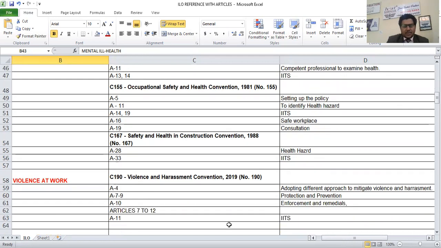Now, violence at work is C190, the Violence and Harassment Convention 2019. Article 4 is relevant to adopting a different approach to mitigate violence and harassment, Articles 7 and 9 are protection and prevention, and Article 10 is all about enforcement and remedies.